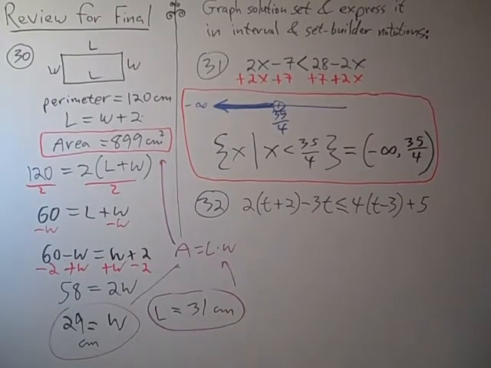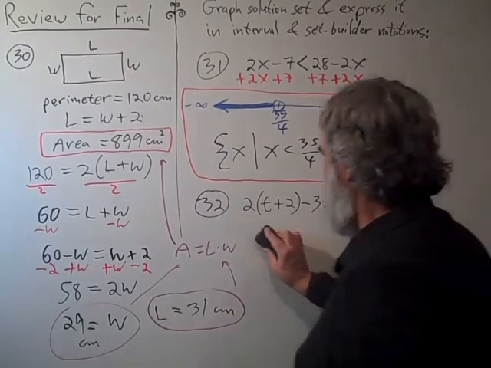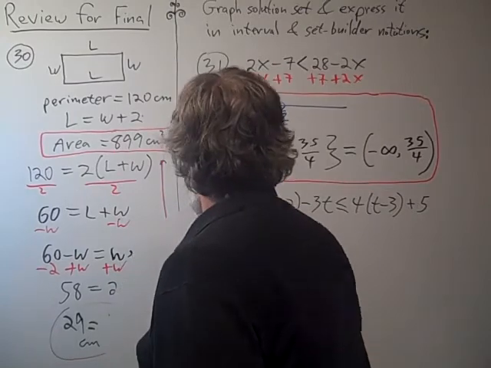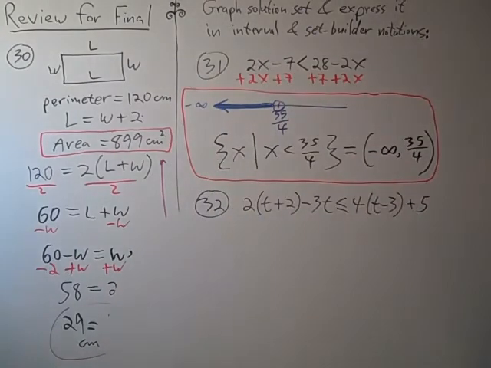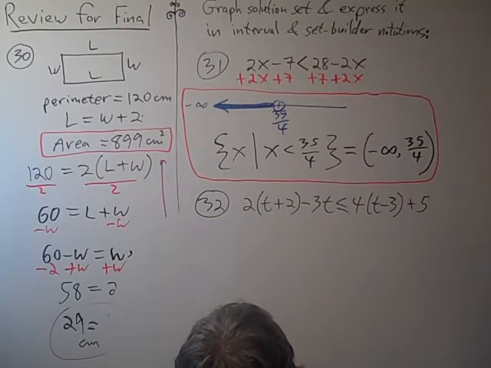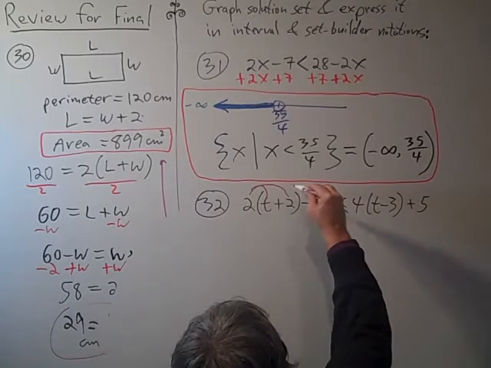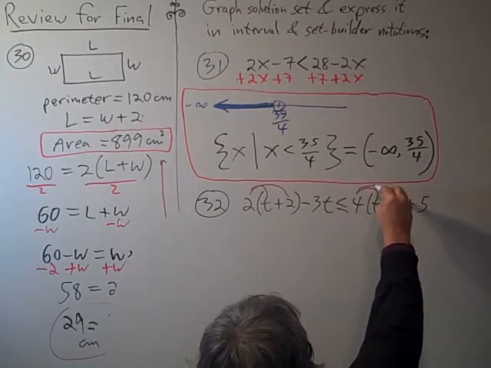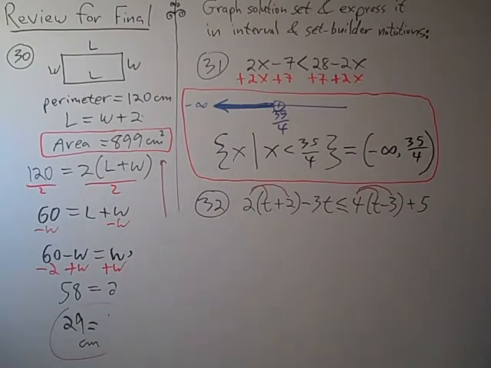Finally, we come to problem 32. To begin with, we distribute the 2 through the parentheses. And we get 2t plus 4 and 4t minus 12 over there.